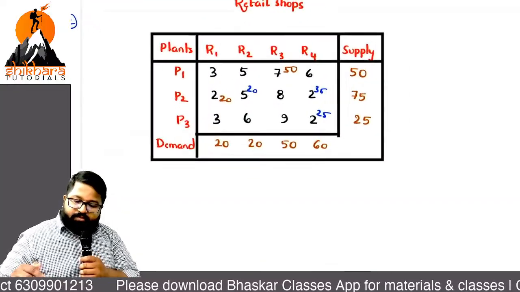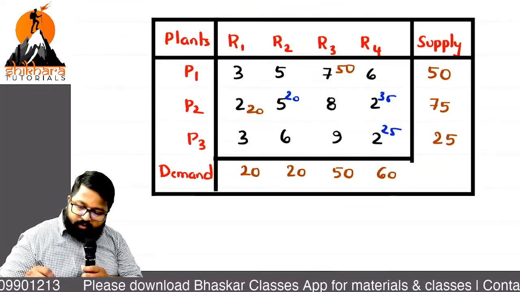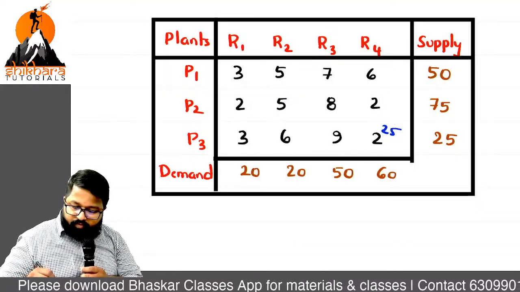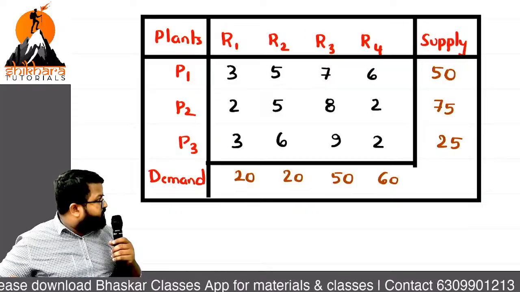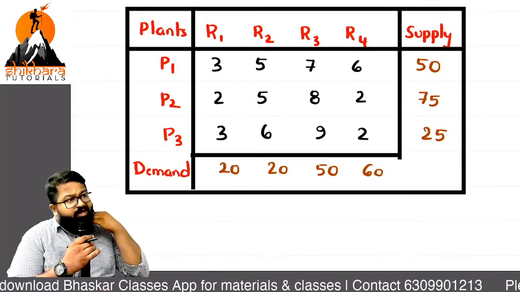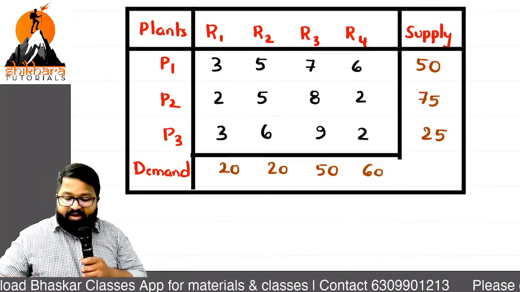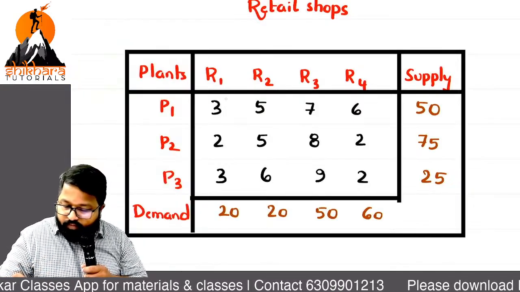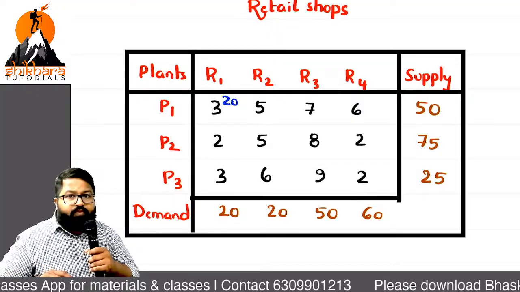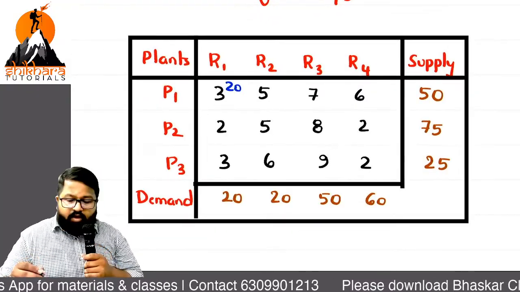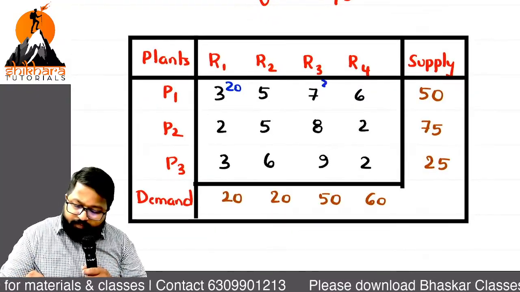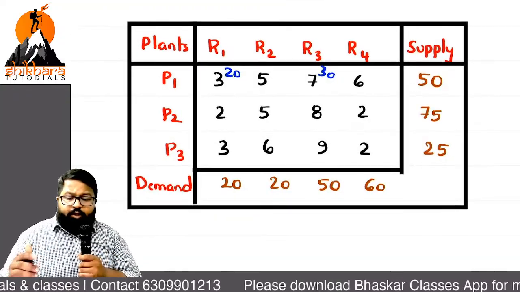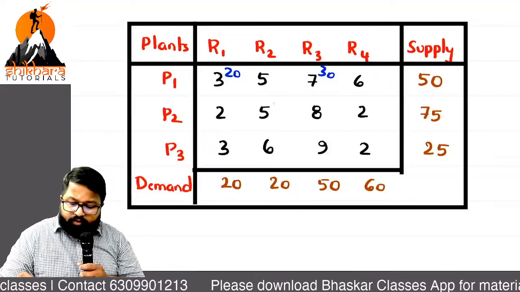Sir, can you tell the numbers, my allocations basically? What are the allocations there? Based on the cell address, you tell the numbers, ma. P1, R1, what is the allocation there? And next, P1, R3, how much? 30. And for the next cell, P2, R2, 20.